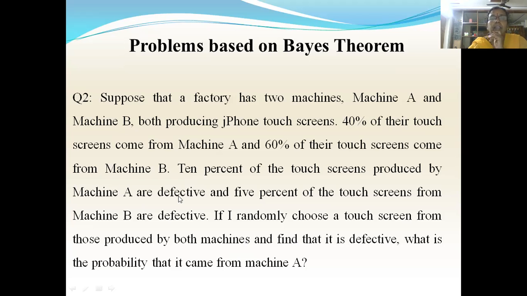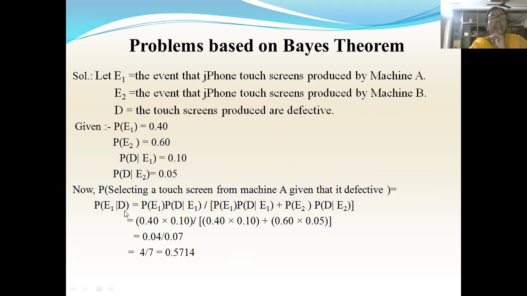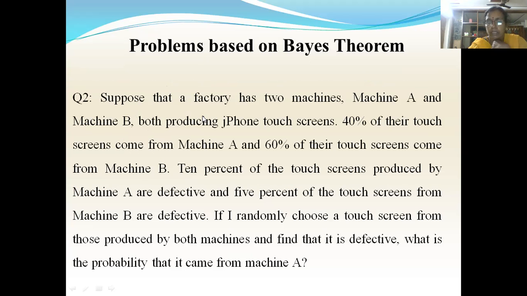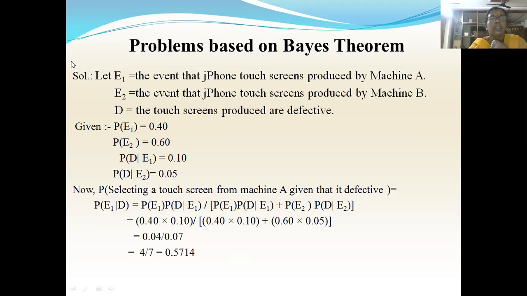So here again I will define three events. E1, the event that JFone touchscreens are produced by machine A; E2, the event that JFone touchscreens are produced by machine B; D, the touchscreens produced are defective. Instead of A, I have taken D because in the problem A and B are already used, so to avoid confusion. Now P of E1 is 40%, that is 0.40. P of E2 is 60%, 0.60.